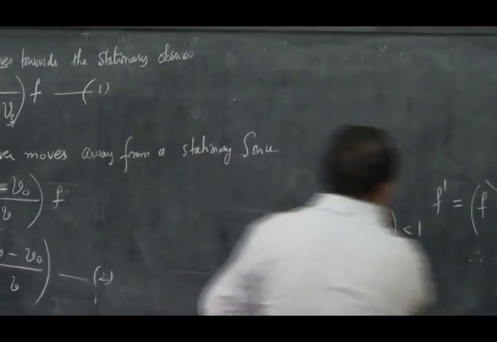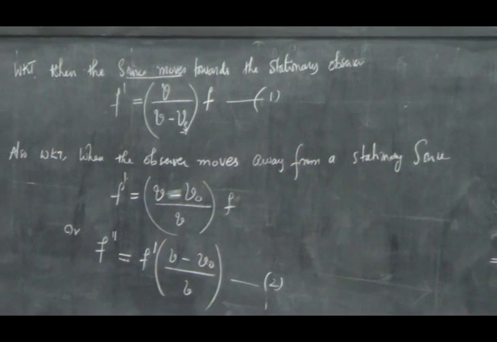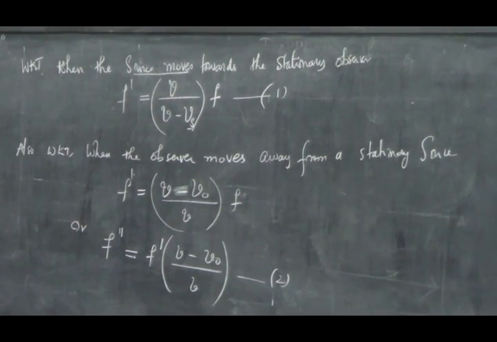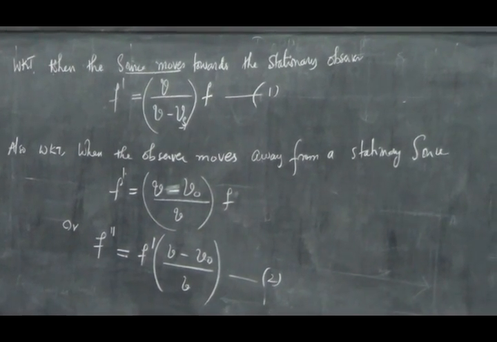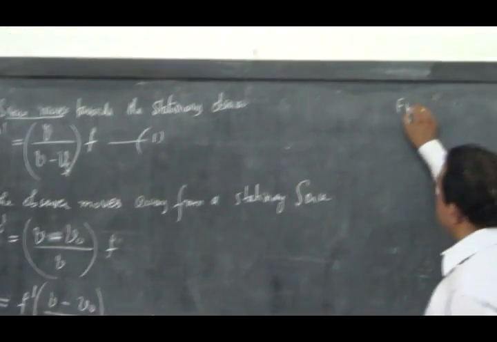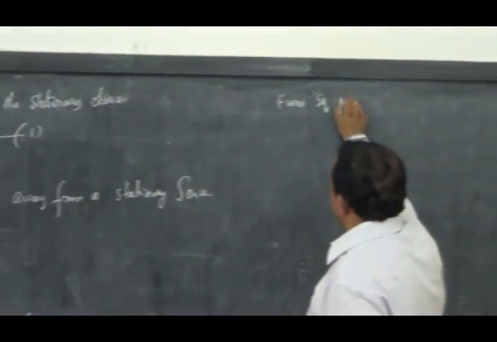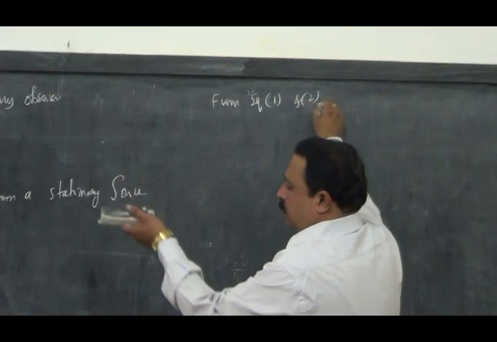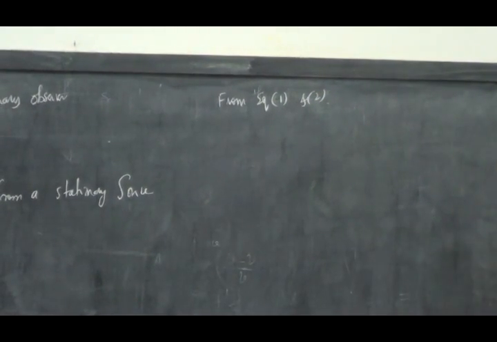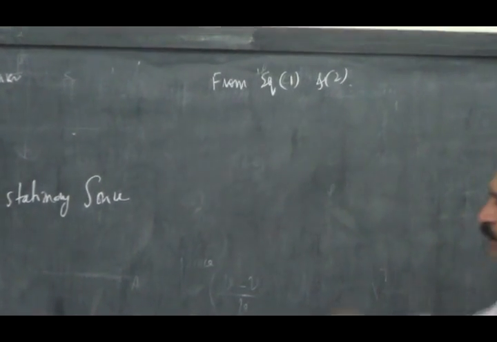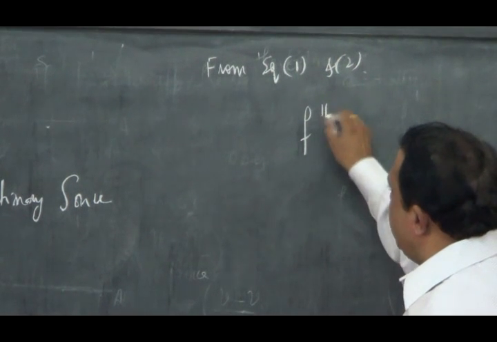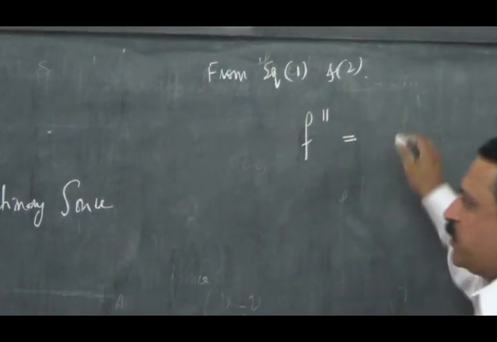Now, from equations 1 and 2, F2 dash equals, for F dash what should I write?